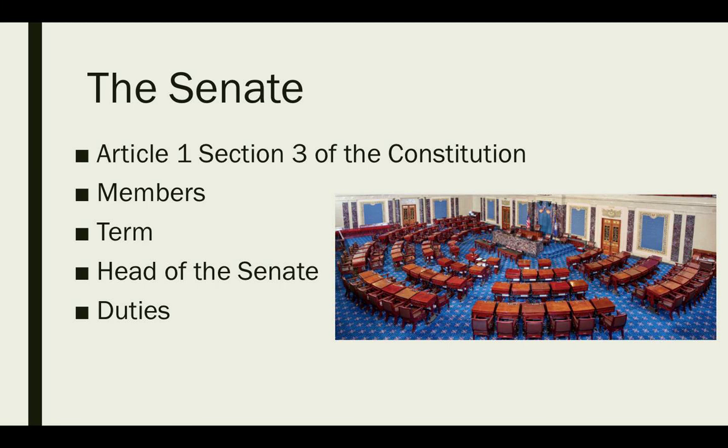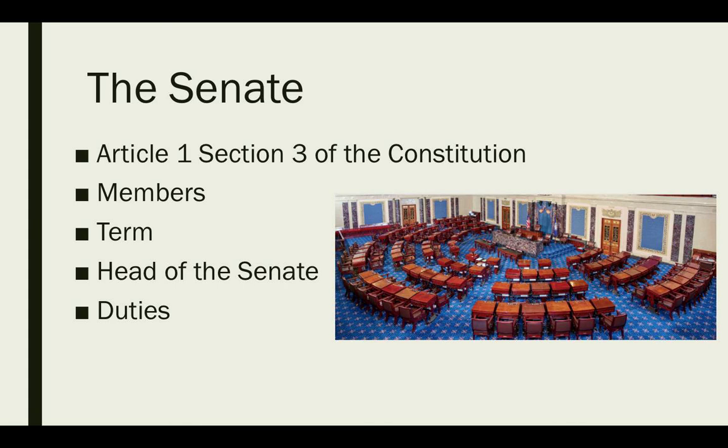The duties of the Senate include passing bills, which are pre-laws, and approving treaties by the president. This is important. When the president, who represents the United States, goes out and speaks with foreign leaders, treaties can be negotiated, but that's the end of the president's role.